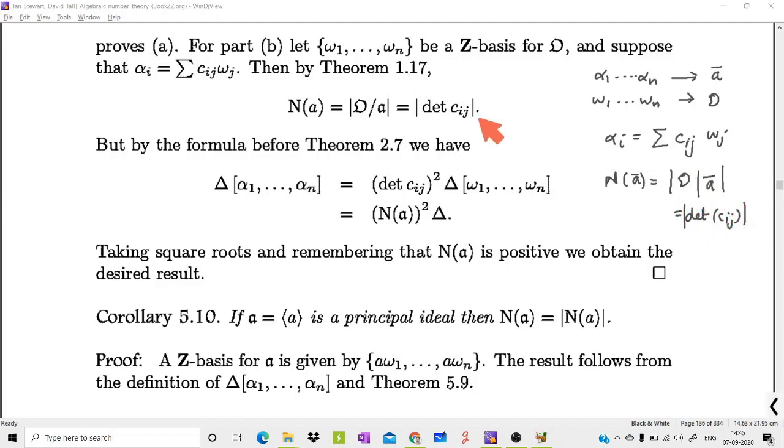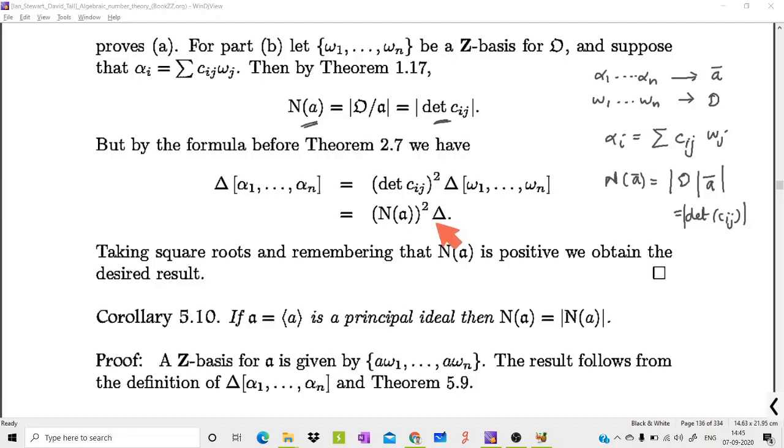This is nothing but Theorem 1.17, so you can easily refer to that theorem. Using this fact, you can write this result from Theorem 2.7: the discriminant of alpha 1, alpha 2, ..., alpha n is equal to the determinant of c_ij squared times delta, that is, the discriminant of W1, W2, ..., Wn. But we know that N(A), the norm of A, is nothing but the modulus of the determinant of c_ij. Then by taking squares on both sides, you can replace this by N(A) squared.